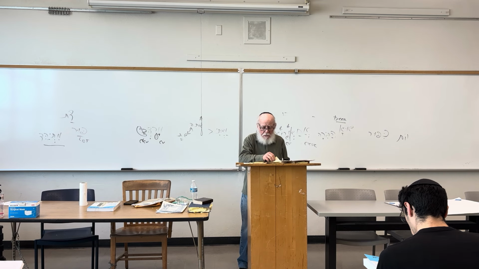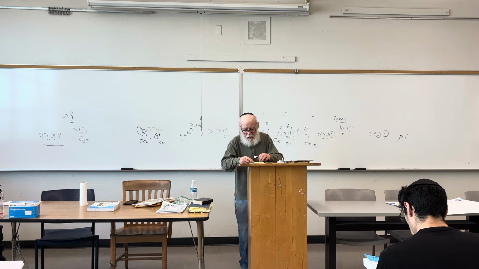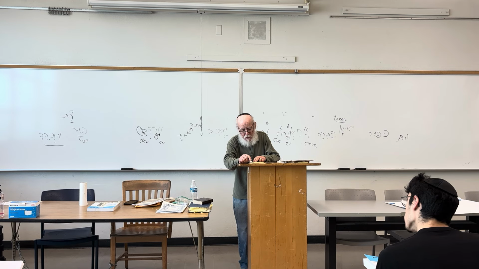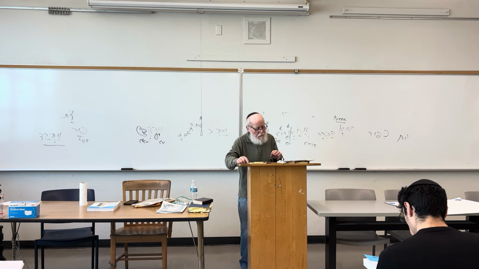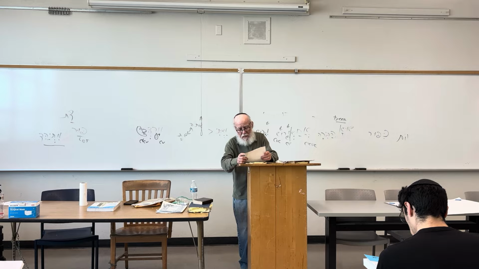And then I continue to read. Asher haglah mi-Yerushalayim, who was exiled from Jerusalem with the captives that were carried away with Yechonyah, king of Judah. Asher higlah Nebuchadnezzar melech Bavel, carried away with the captivity of Yechonyah by Nebuchadnezzar, king of Babylon.